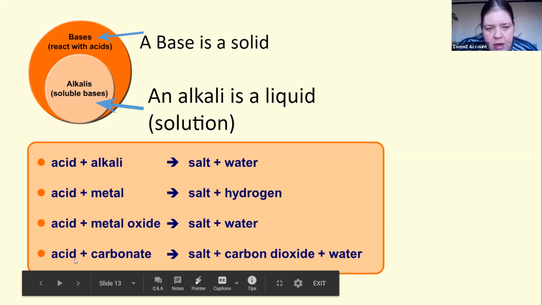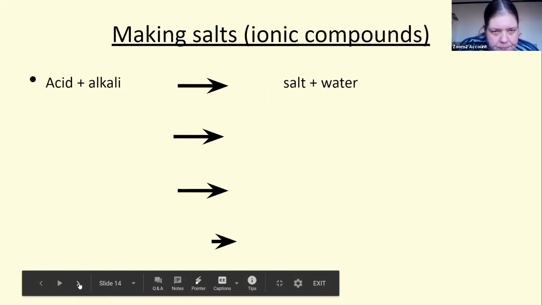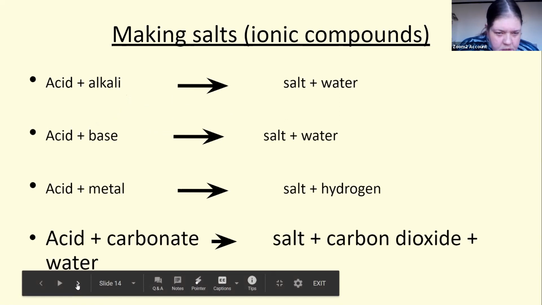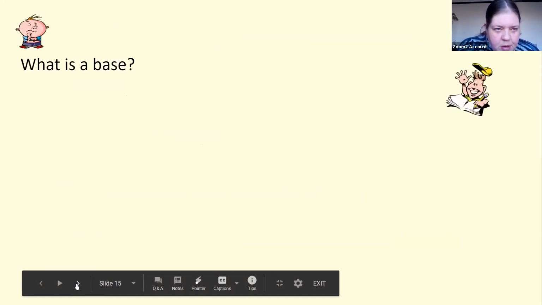And then lastly, acid plus carbonate makes your salt, carbon dioxide and water. Okay, and again, that's just me recapping these equations. I think I'll put them on twice, so different ways. You know what I'm like.